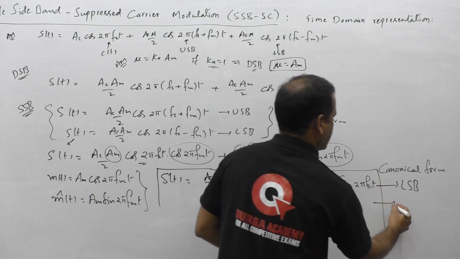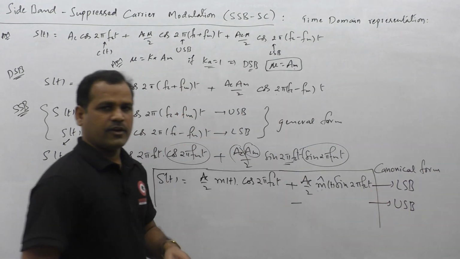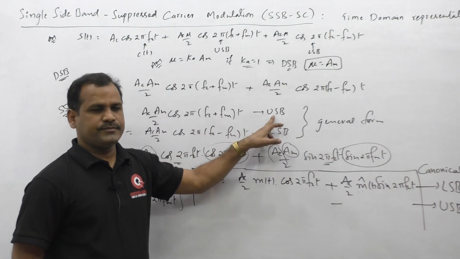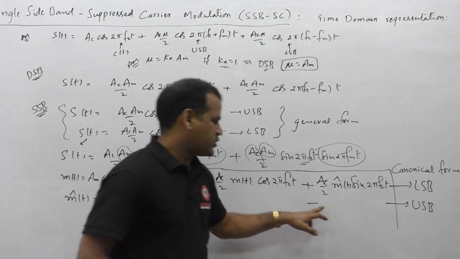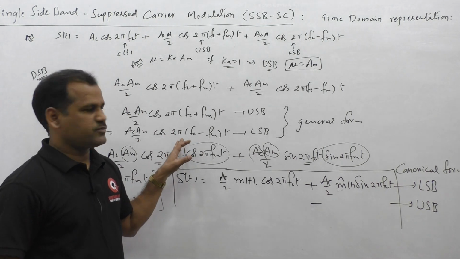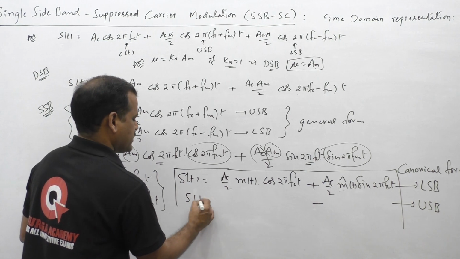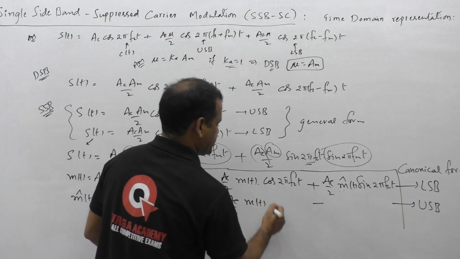Whereas if it is for upper sideband, simply we will get a minus sign here. If you observe the general form, we get a plus sign for upper sideband, whereas in the canonical form, for upper sideband we should get minus, because of this cos(A minus B) expansion we are changing that sign. Anyhow, this is the standard or canonical form of the SSB signal we have to remember.